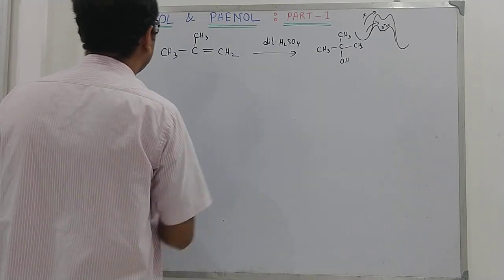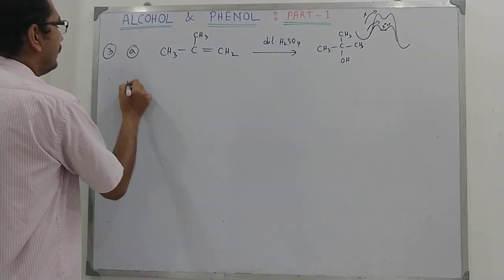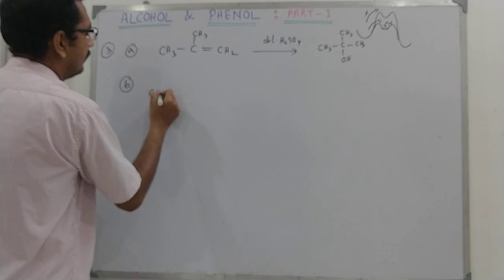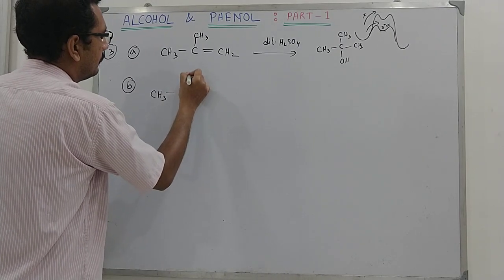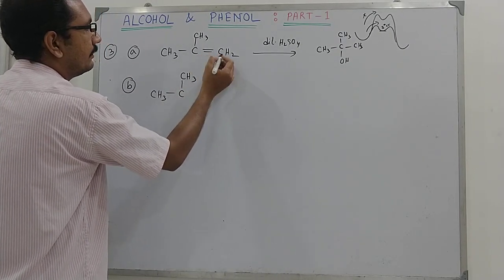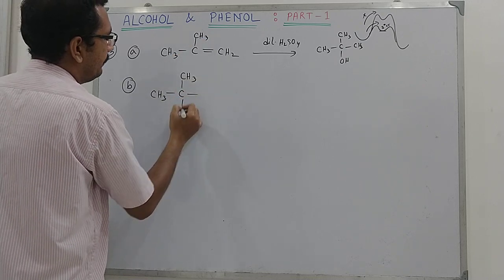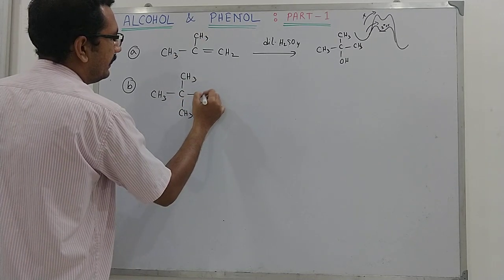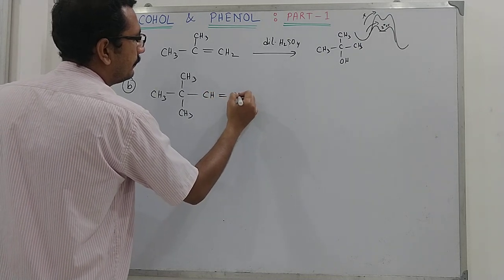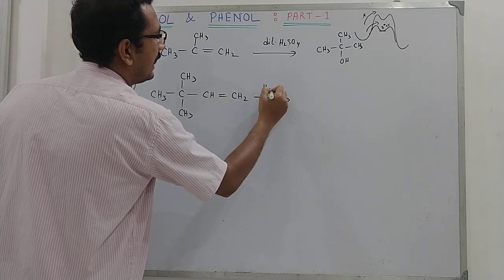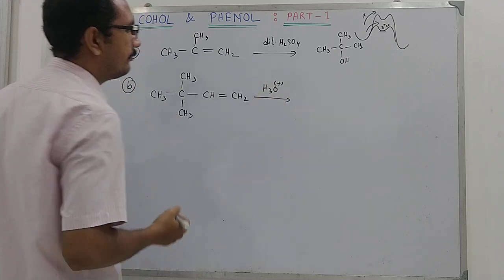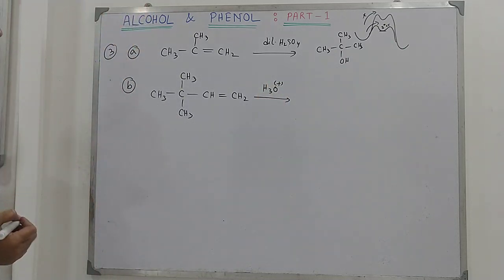If instead of this alkene you are given this, this is 2-methylpropene, this is propene and this is 2-methyl, 1, 2. Now if you are given this reaction and then dilute acid is given, say dilute H2SO4 or dilute HCl.